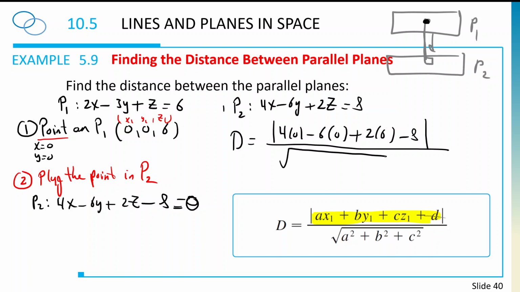Divided by radical of a, b, c: 4 squared plus negative 6 squared plus 2 squared. If you do the calculation and simplify, you have a calculator, you can do that easily. The result will be equal to 2 over radical 14.